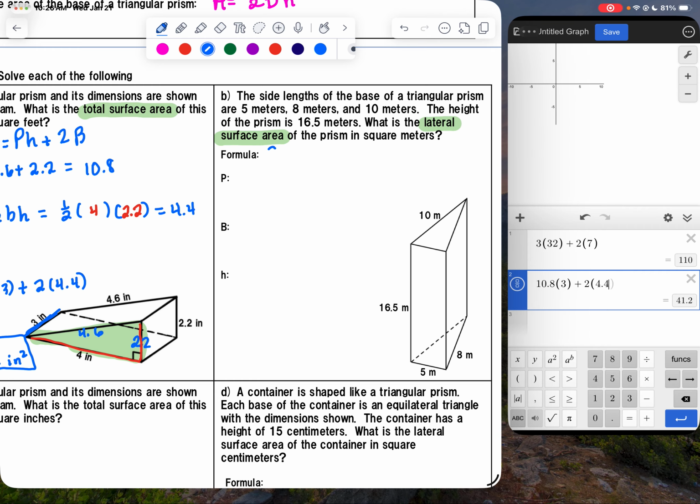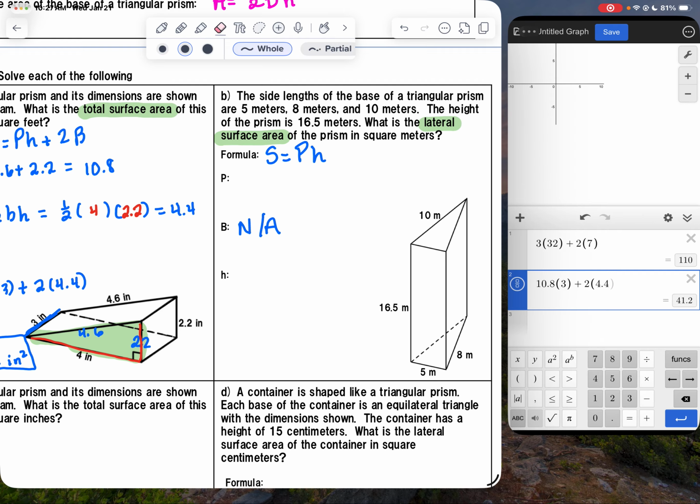So the formula for lateral surface area is S equals perimeter of the base times the height. So in this problem, we do not need the area of the base. So I'm going to put NA or not applicable in this problem. We do not need to find it. So whenever you're finding lateral surface area, just worry about the perimeter of the base times the height.